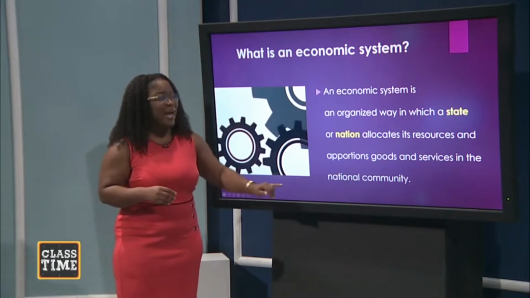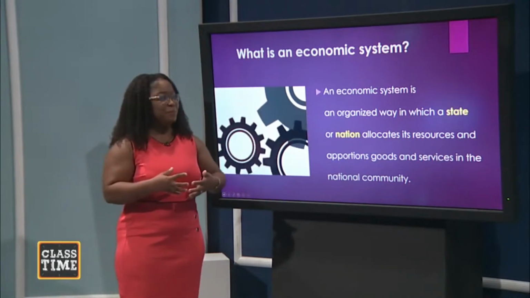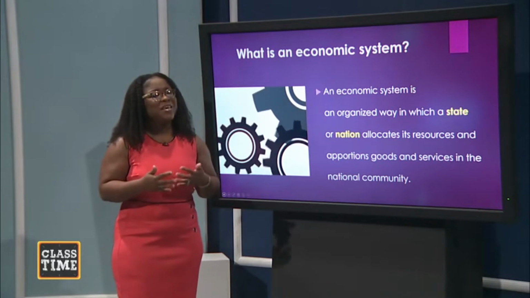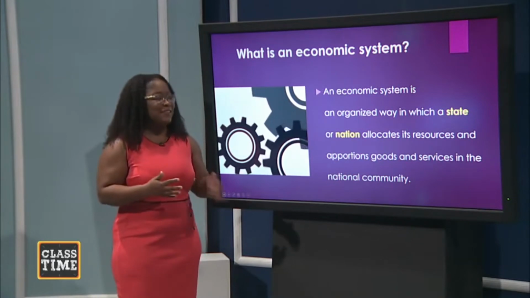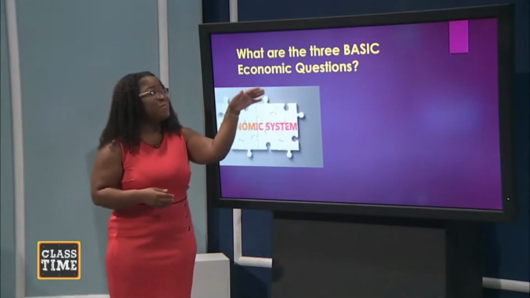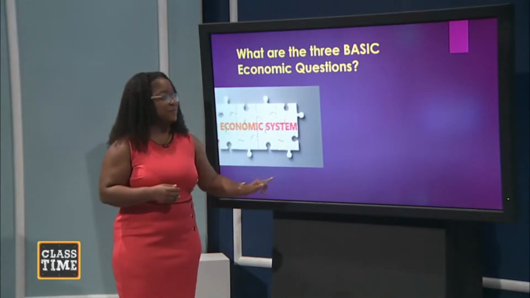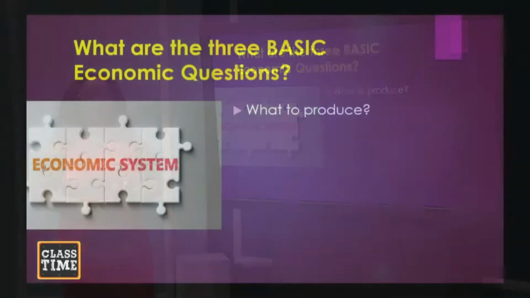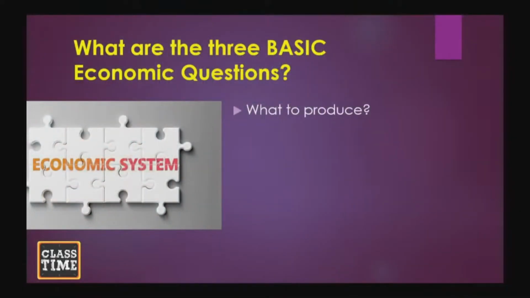So we're going to be looking at, within this system, what are some key questions that an economic system is really based on. We call these our 3 basic economic questions. The first one is what to produce. Within an economy, this is one key question that we have to find the answer to.